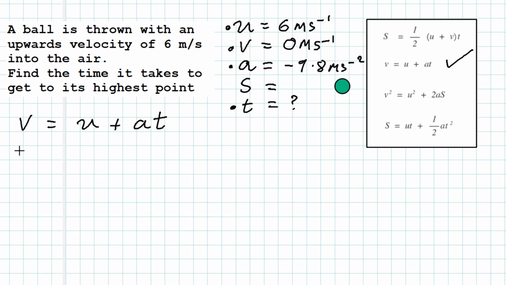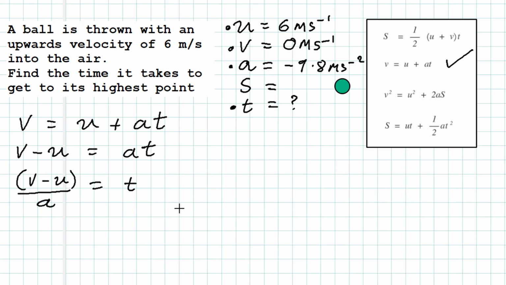So we have to rearrange by taking the V and subtracting the U from both sides to give us the AT. We have to learn this move. Then to find T, we have to divide by the acceleration. So put a bracket on this, V minus U, divided by the acceleration, and that should give us the value of the time.